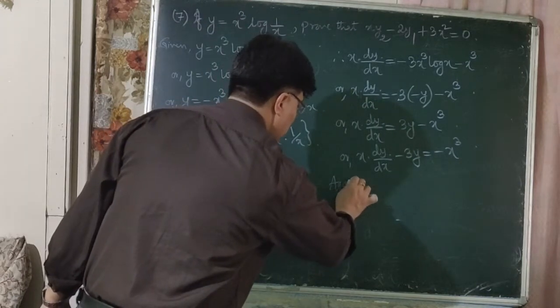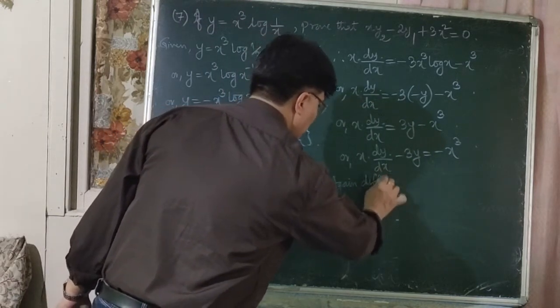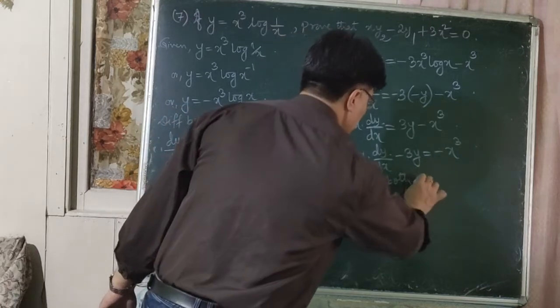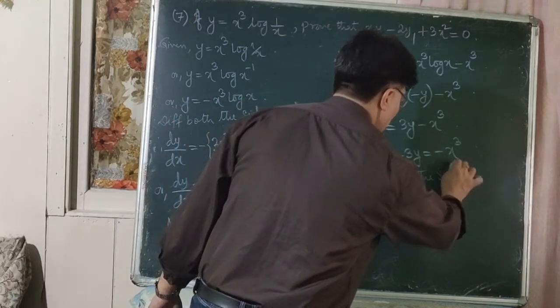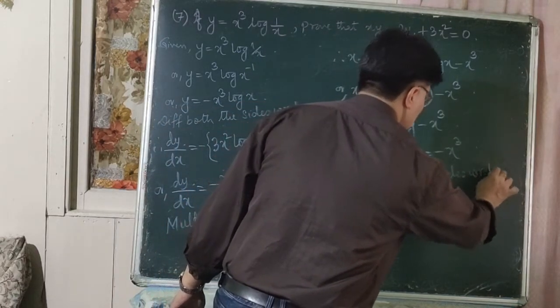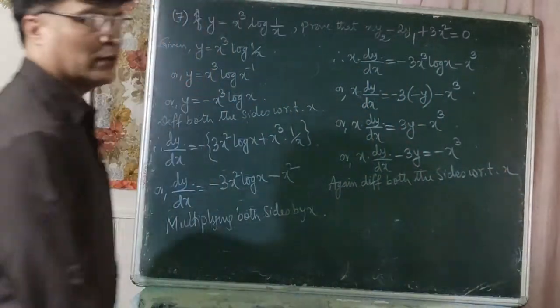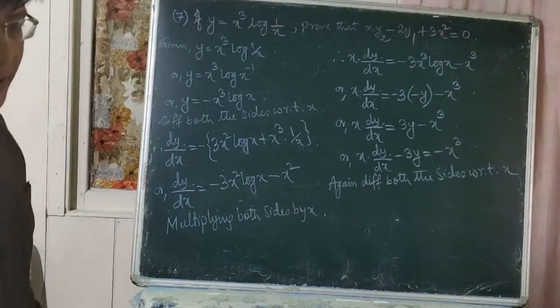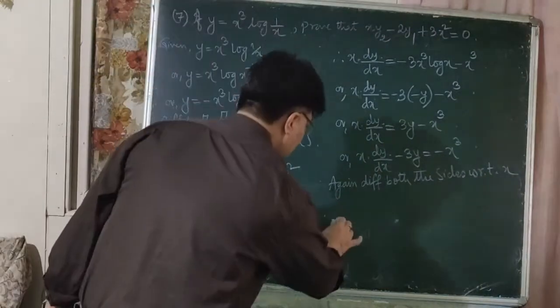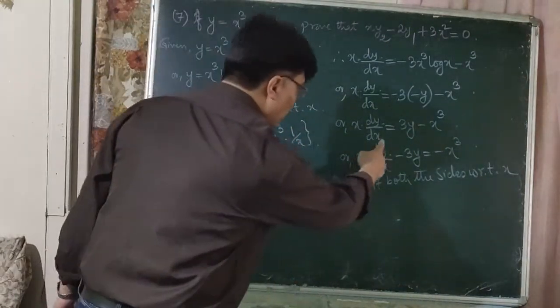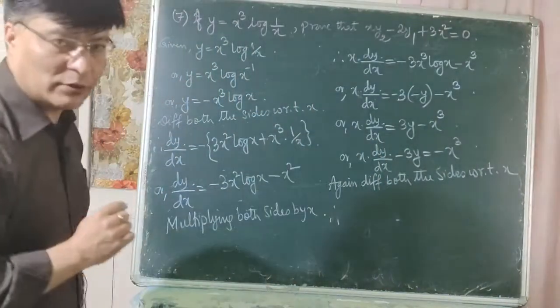So again differentiating both the sides with respect to x. So what do we get? Therefore, for x into dy by dx you have to use UV rule.